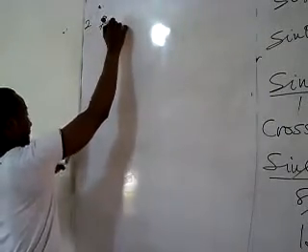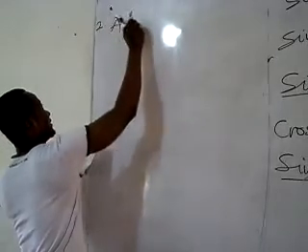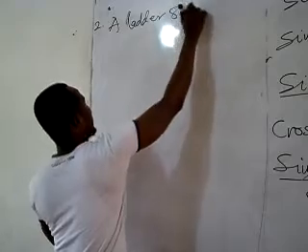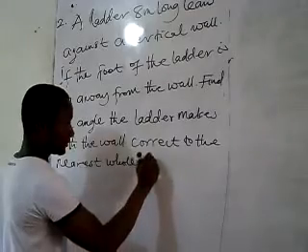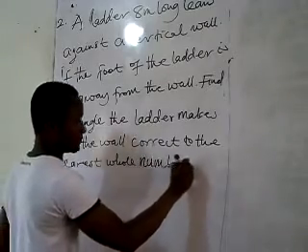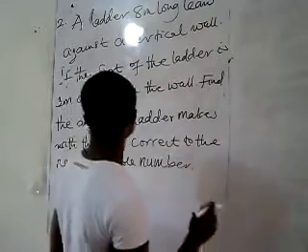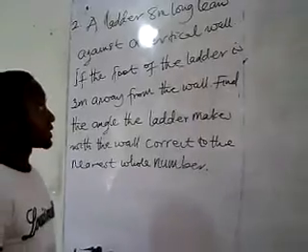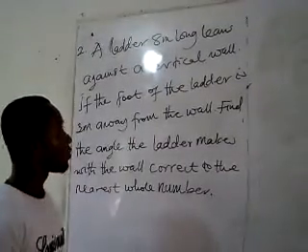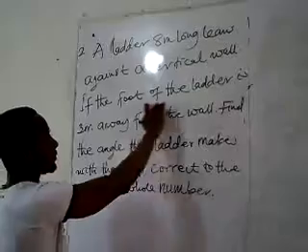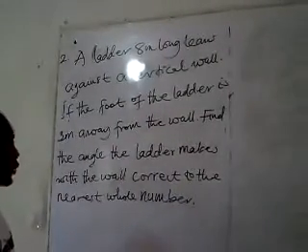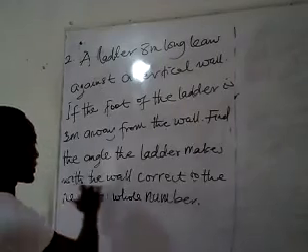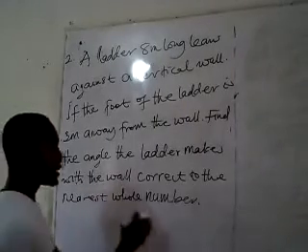A ladder eight meters long. So our second example says that a ladder 8 meters long leans against a vertical wall. If the foot of the ladder is 3 meters away from the wall, find the angle the ladder makes with the wall, correct to the nearest whole number.